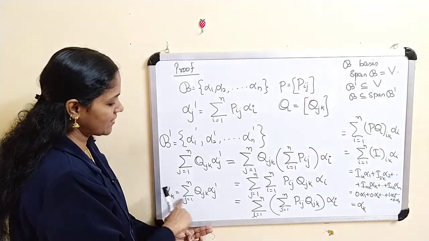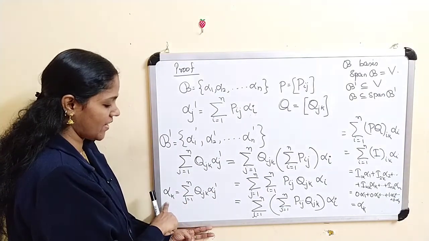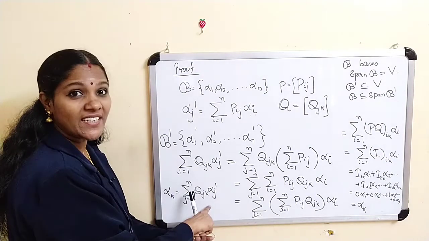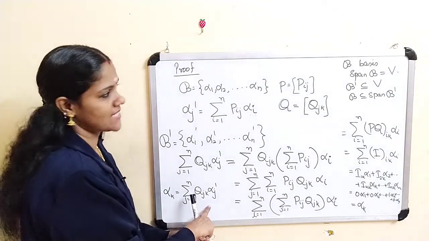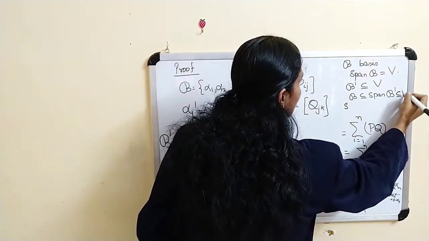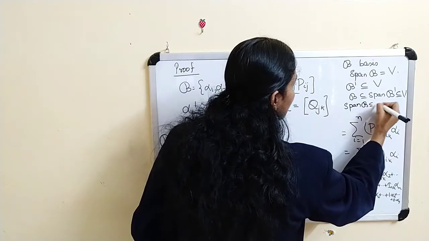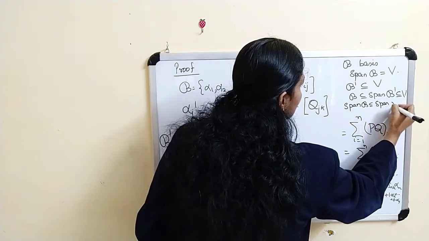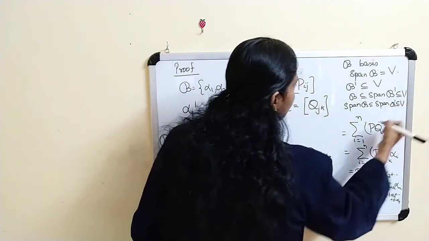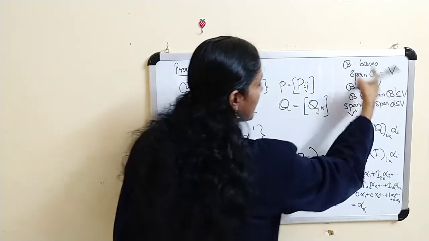As alpha k's are linear combinations of alpha j dash, we can easily say B is contained in span of B dash. Okay, and clearly, this is contained in V, and span of B is contained in span of B dash is contained in V. This implies, what about span of B? It is V, because it is a basis.